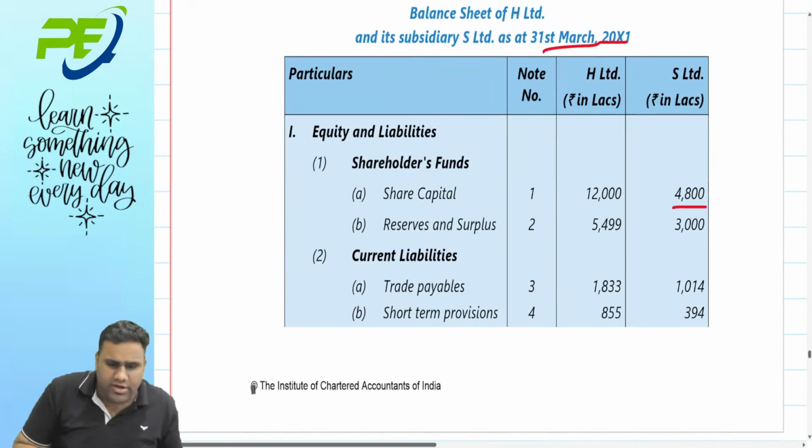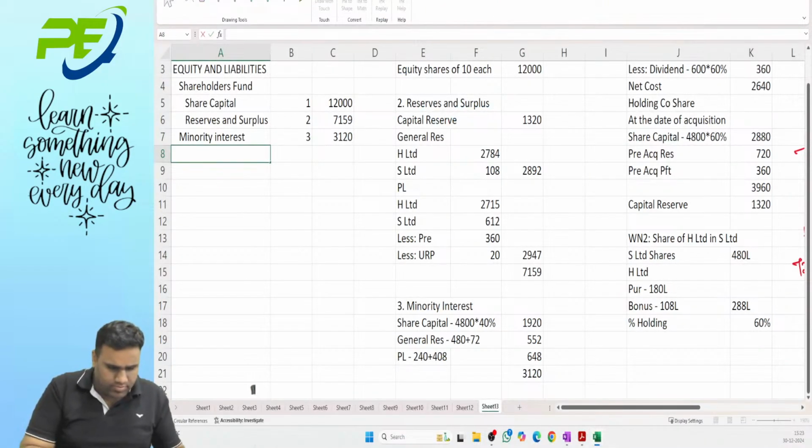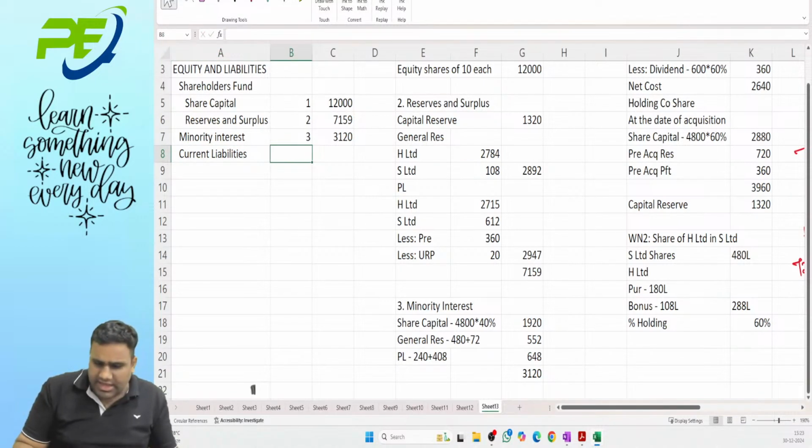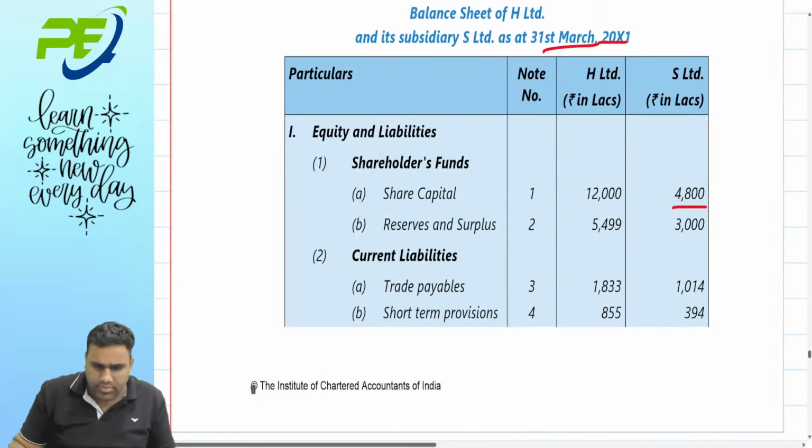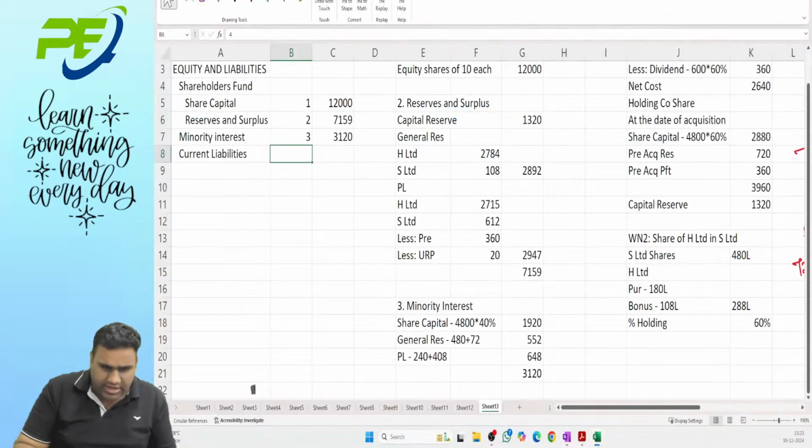Next, after minority interest. None of the non-current liabilities. Current liabilities, note number 4. Under that, trade payables.